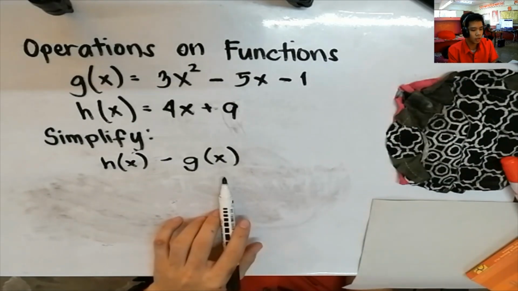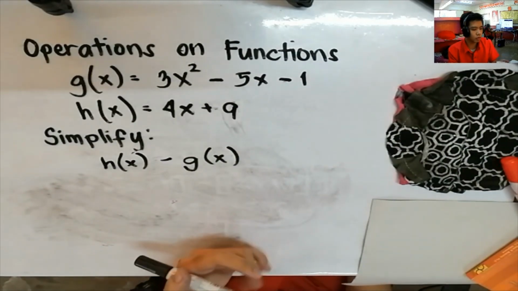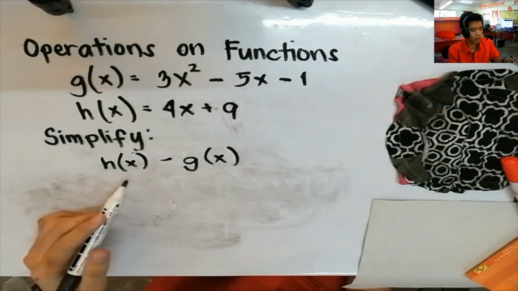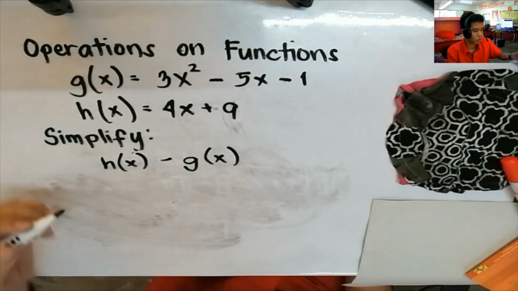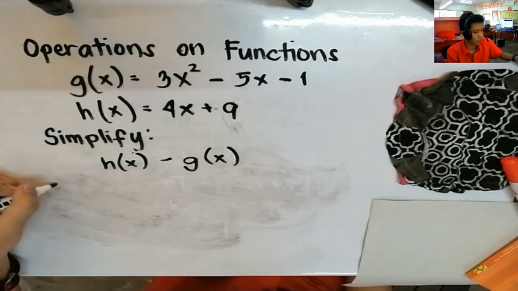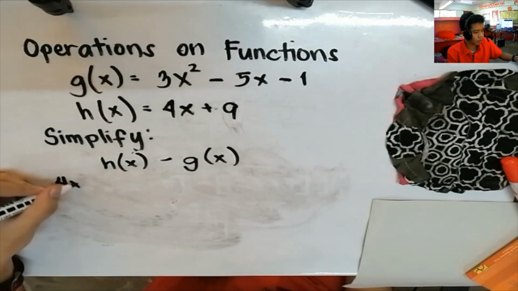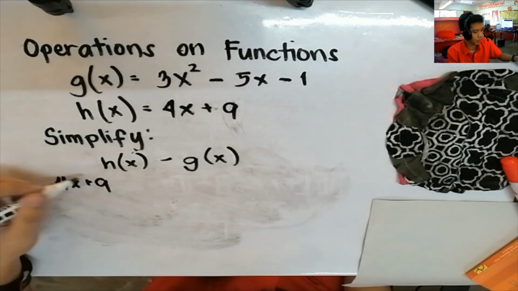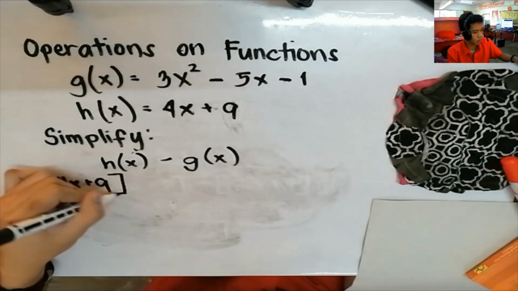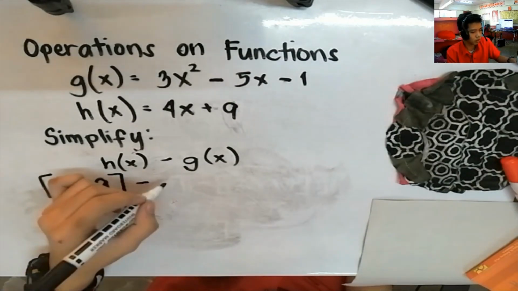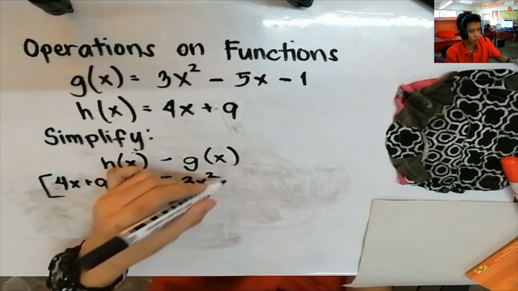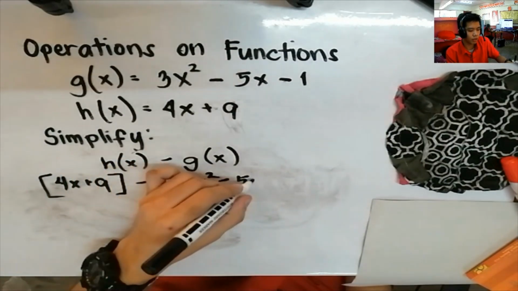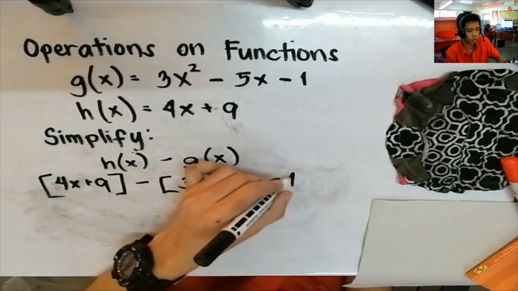Same process: substitute h of x and g of x with their corresponding values. H of x is 4x plus 9 minus g of x, which is 3x squared minus 5x minus 1.